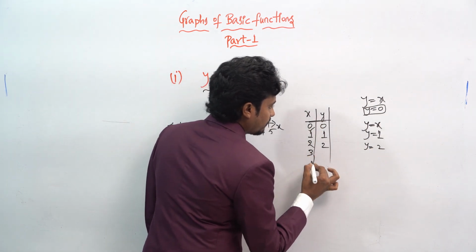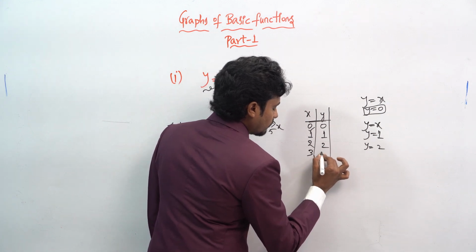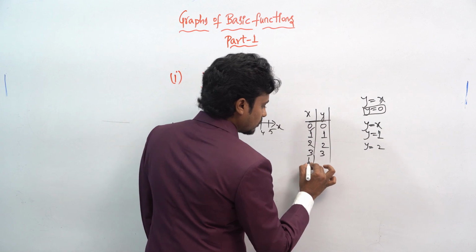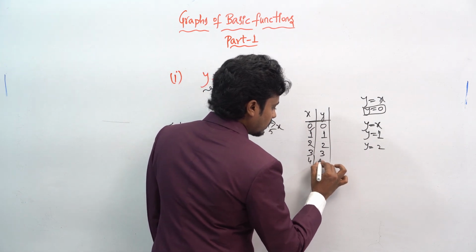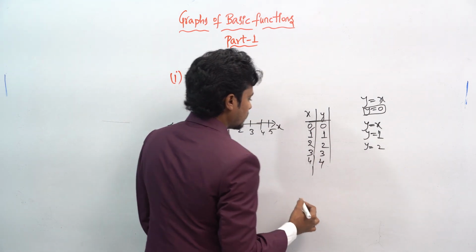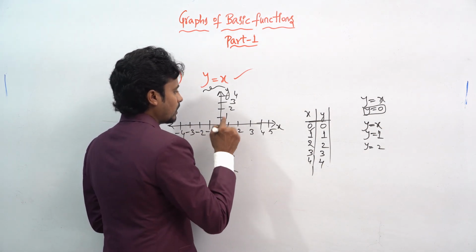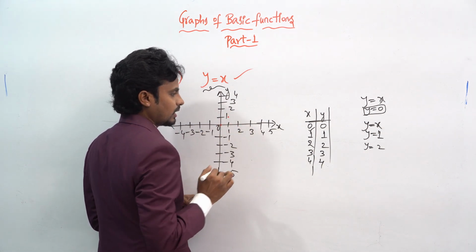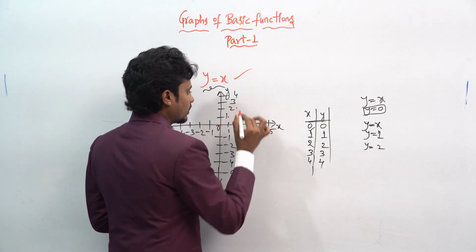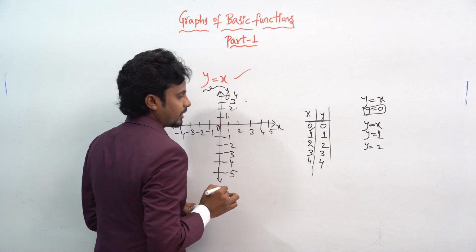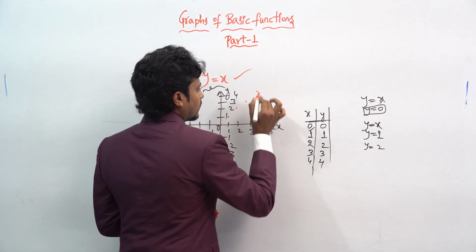So if you take 3, what will happen to the y? y will become 3. 4, y will become 4, like this. So here you can see at 1 how much we will get? We will get 1. At 2, here the 2. At 3, here. At 4, here.